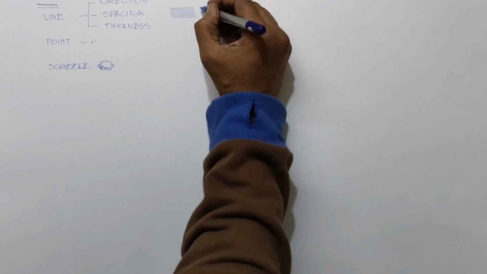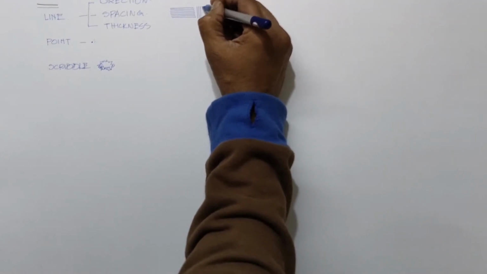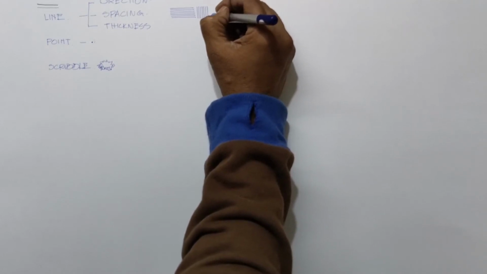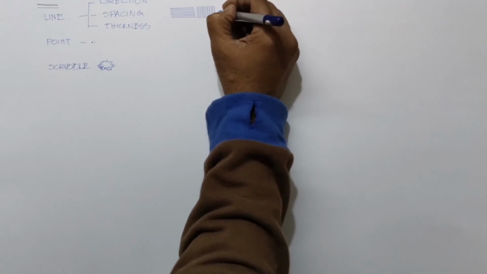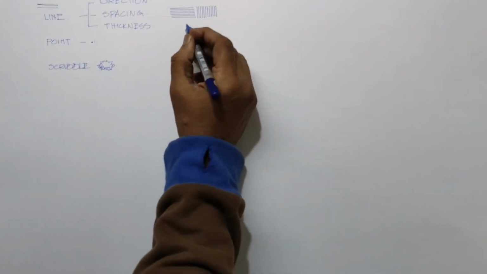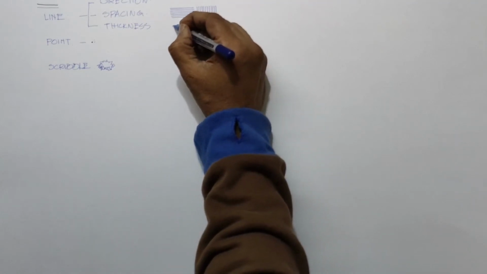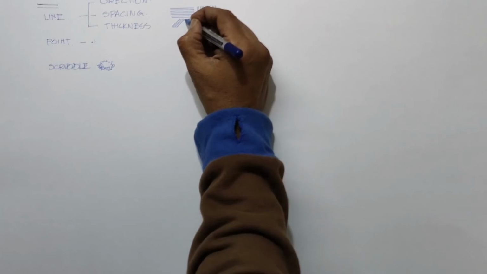The second one is vertical, and always notice the spacing between two lines is nearly the same. That you need to practice. The third one, after vertical and horizontal, is the diagonal line. You have maybe 45 degrees like this. Spacing again you need to consider.